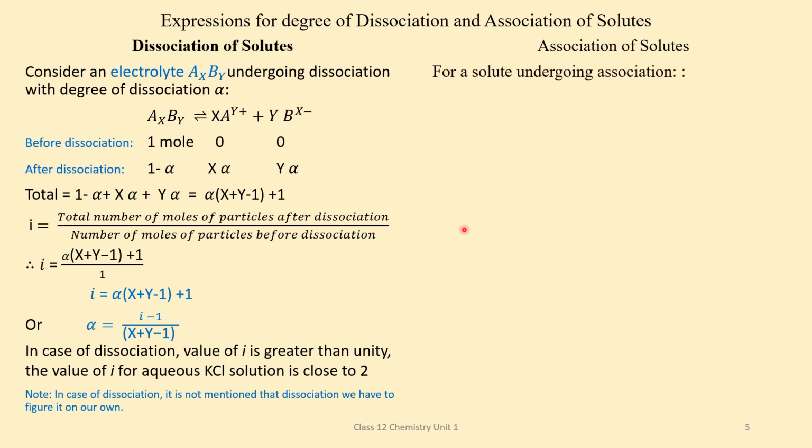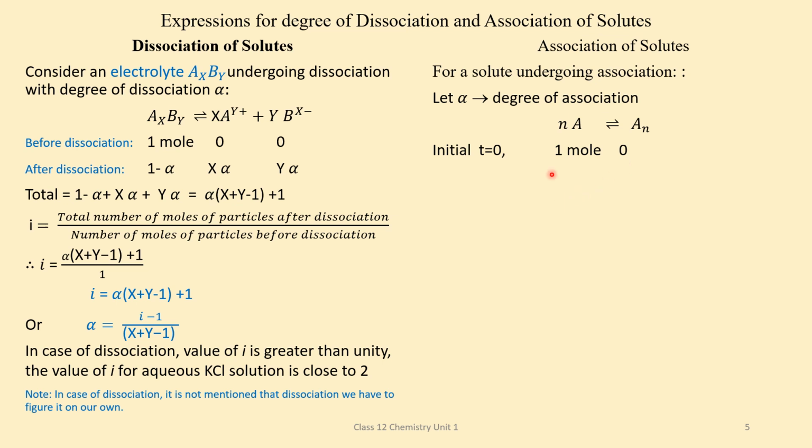Association of solutes. For a solute undergoing association, let alpha be the degree of association. So nA will associate to form An. Initially at t equal to 0, there is 1 mole before association and 0 moles after association.